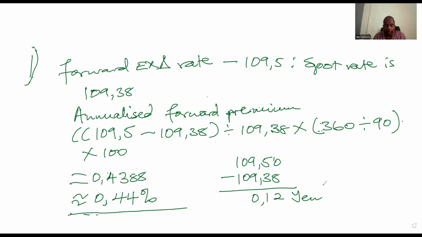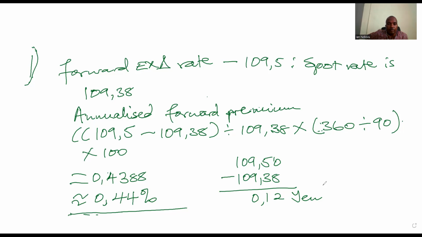So the implication of what I just said is that the Japanese yen would trade at a discount because its forward value regarding the US dollar is less than the spot value.